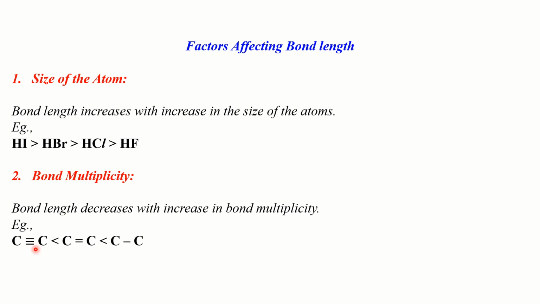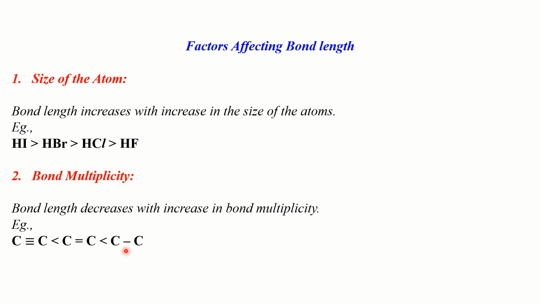C triple bond C. So C triple bond C has the greatest bond multiplicity when compared to C double bond C and C single bond C. Therefore, C triple bond C has the shortest bond length, as we know bond length decreases with increase in bond multiplicity. So a triple bond is shorter in length than a double bond or a single bond.